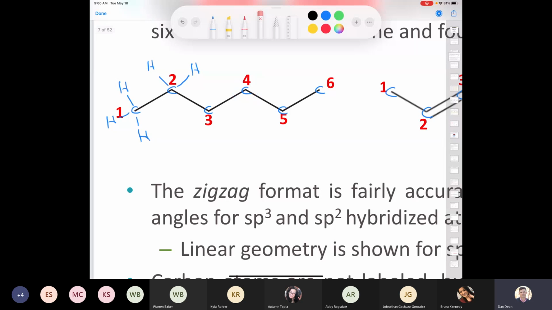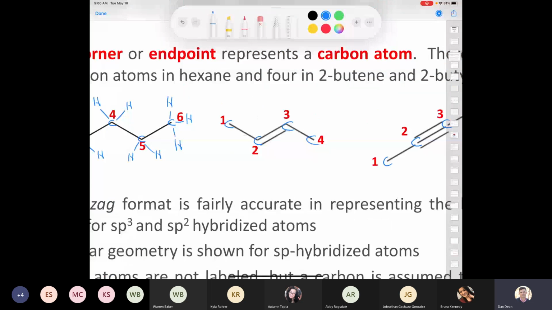There would be 2 bonds to hydrogen. Yes, thank you. Absolutely. Right, we have a bond here, and then we have another one here. We have one here, okay, like this, right? Like this, and this.